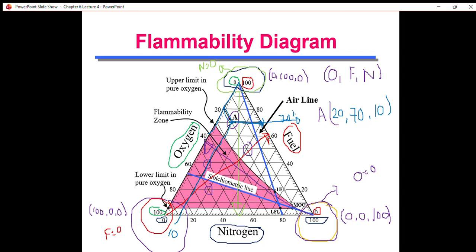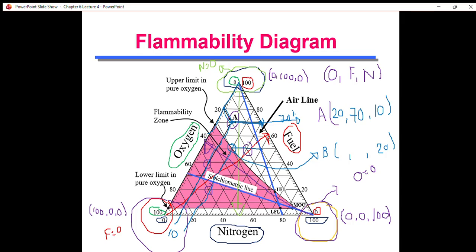Let's say that we are talking about this point, and I'm going to call it point P. Now let's look for nitrogen. How much is the nitrogen? 20%. So the nitrogen will be 20% at this point. Let's look at the concentration of fuel.